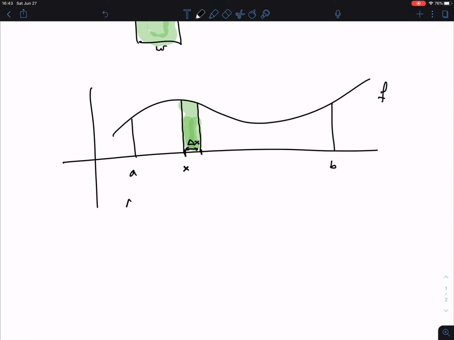The area of the whole region is going to be the sum, and remember, this is the Greek capital letter sigma, S for sum. It means we do the sum over all the areas of these strips. We divide the whole thing into strips, calculate the area of each strip, and add them up. That's what the summation means.